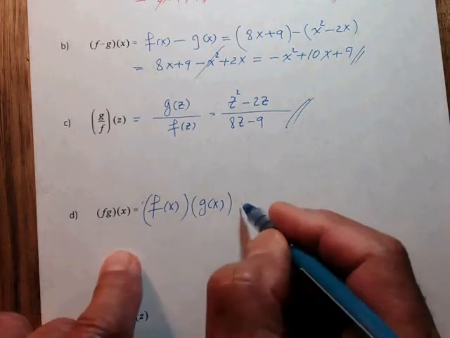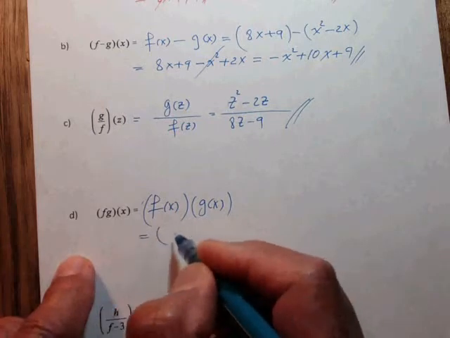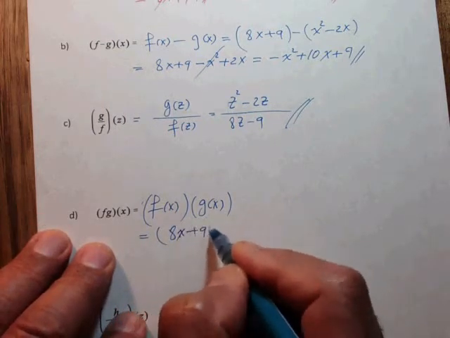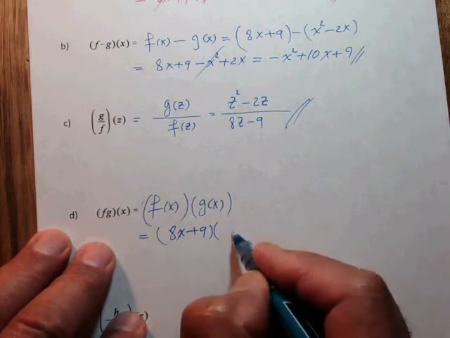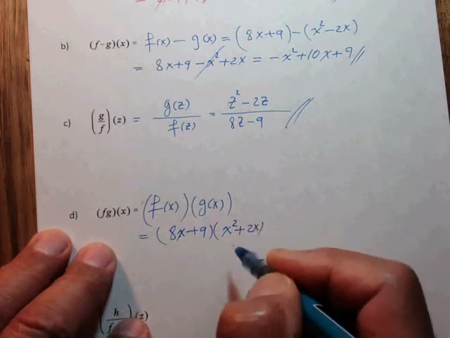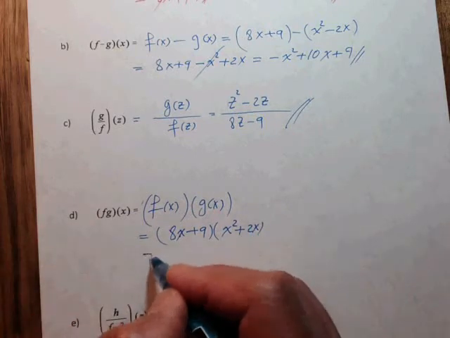f of x is 8x plus 9 times x squared plus 2x. But this is nothing but an intermediate algebra question.